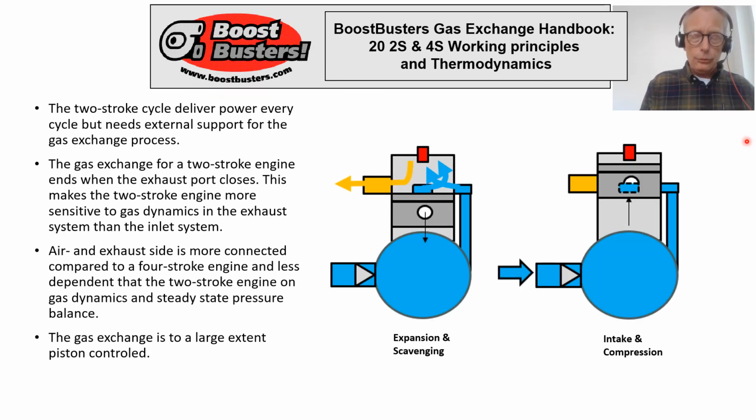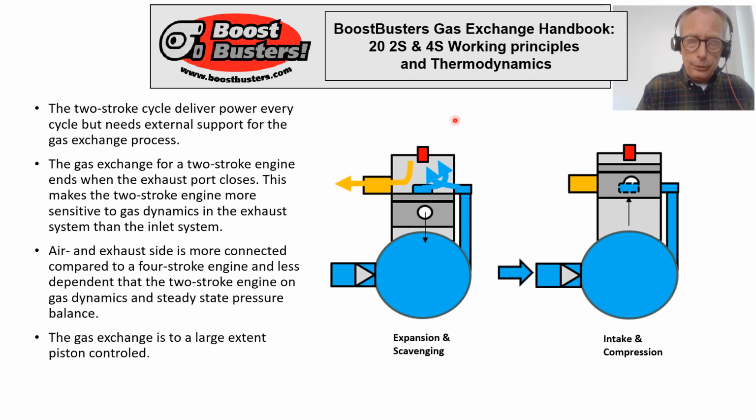Okay, jumping now to the two-stroke engine. What can be said? Well, the two-stroke cycle engine delivers one power stroke every revolution. But as a kind of negative compensation, the two-stroke engine is not able to breathe by itself, neither inhale air and fuel nor exhale exhaust gases.